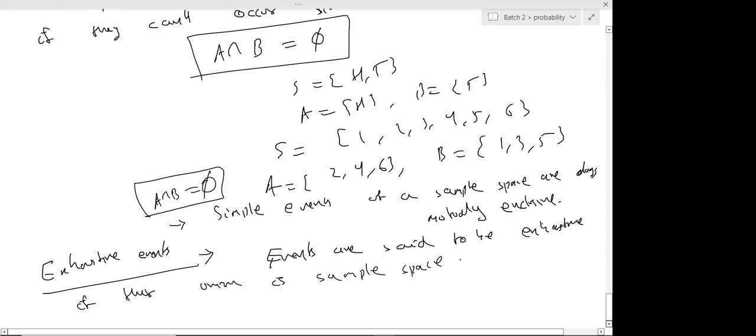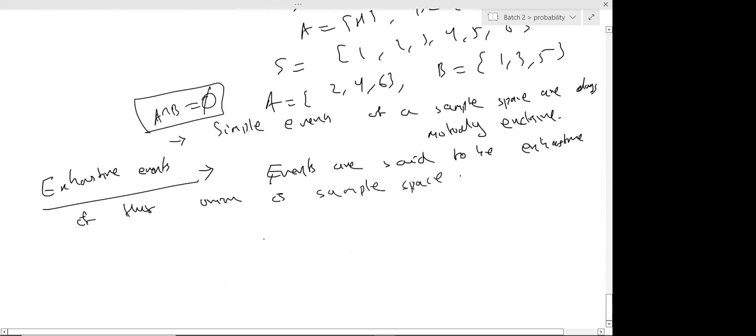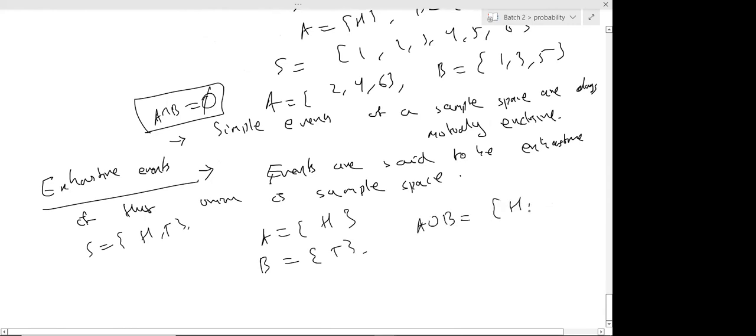What does this mean? If there is an event A with heads, there is an event B with tails. We are tossing a coin, so the sample space is heads or tails. Now, if you take A union B, you get heads and tails, so this whole is the sample space. Whenever you get the union as the total sample space, these are called exhaustive events, that they make the whole sample space.